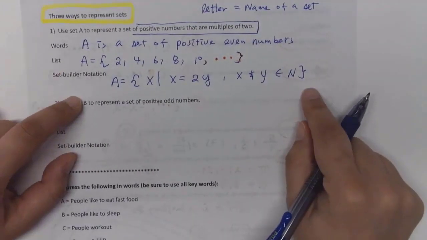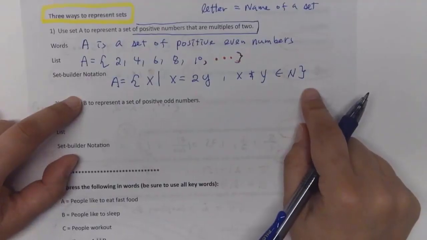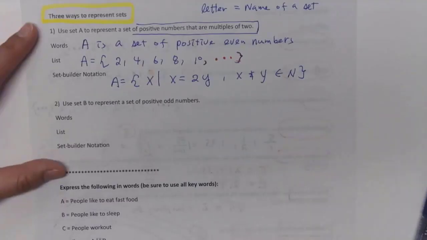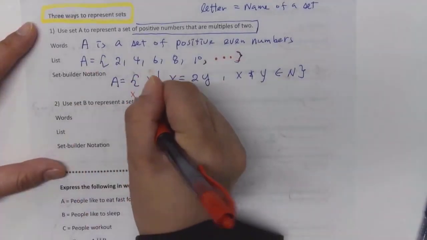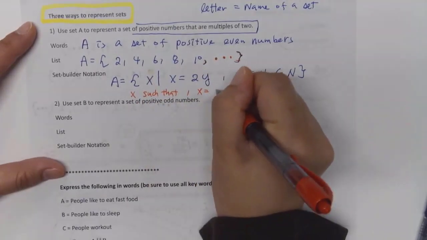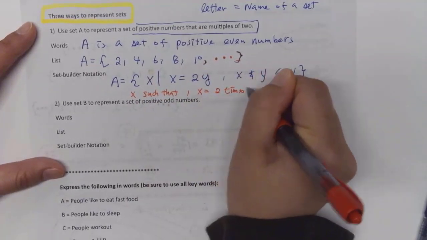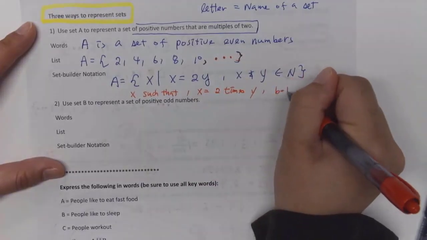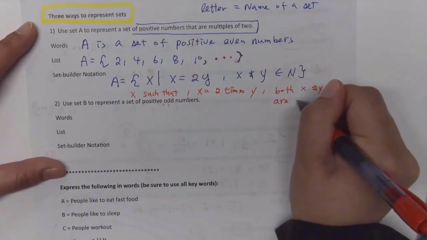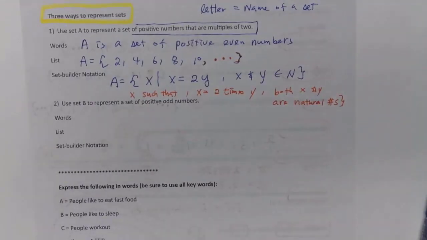So this is a very mathematical way to write it. If I ever put it on the test, it would be for extra credit, okay? But this describes X, the bar means such that X equal to 2 times Y, and both X and Y are natural numbers, okay? So we're going to use that to try to figure out the second one.